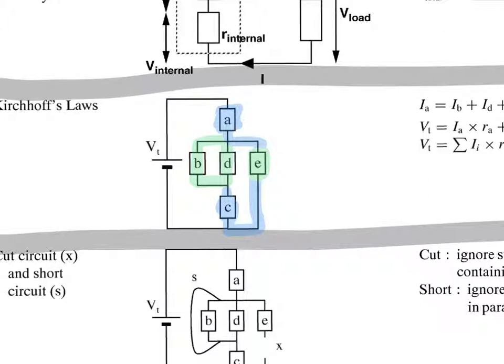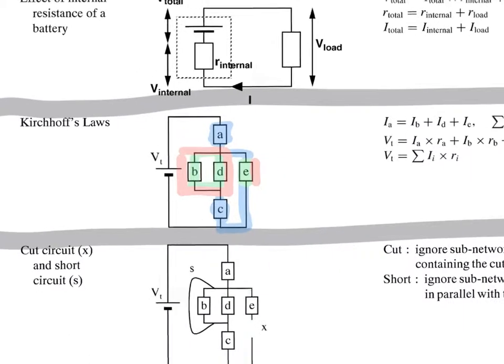B and D are parallel to one another, and this chunk is parallel to this one. All right, so if we were to try to reduce this circuit, we'd have a number of steps to obtain a single total resistance for the overall thing, and it's all laid out in a more complicated way than we've shown so far. All right, but we have this network here.